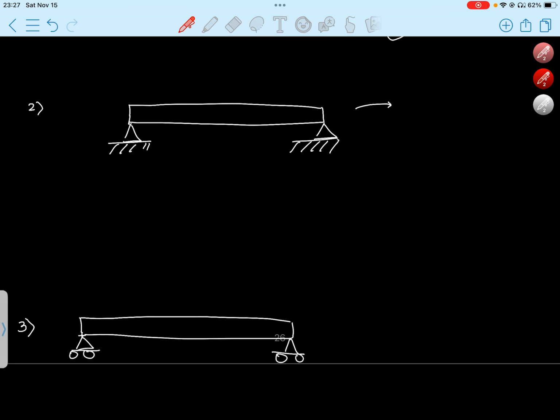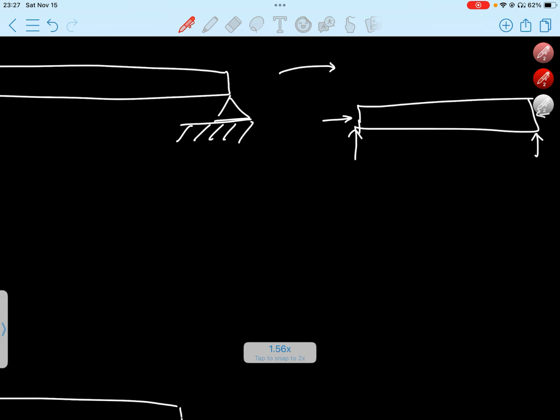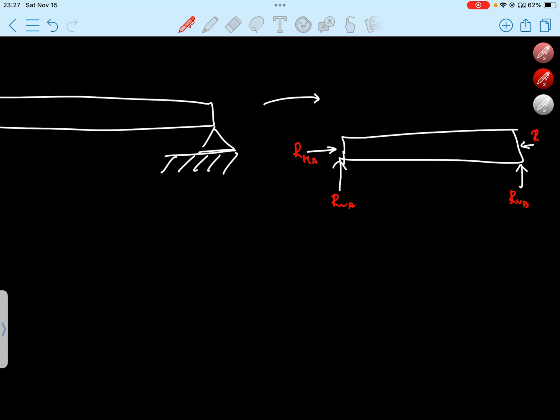Now let's jump to hinge forces. If we make a free body diagram, this would look something like this. Right, let me just make a quick free body diagram. Now RHA, RVA, RVB, RHB.